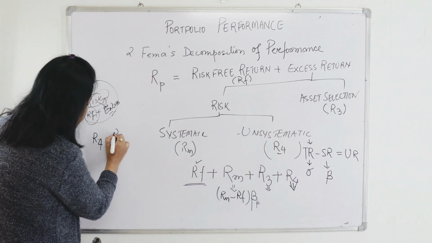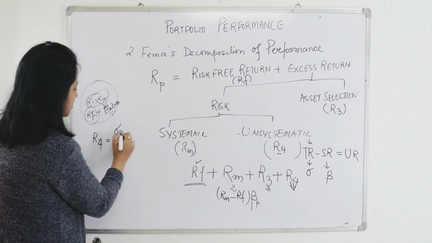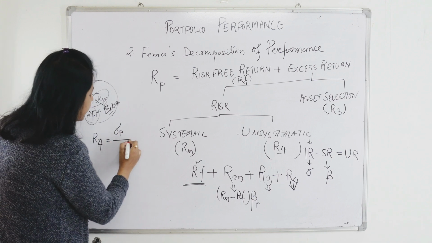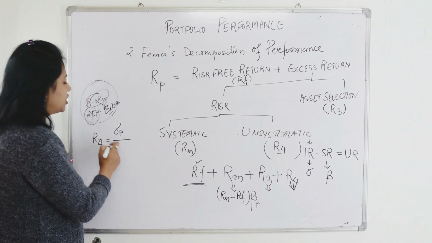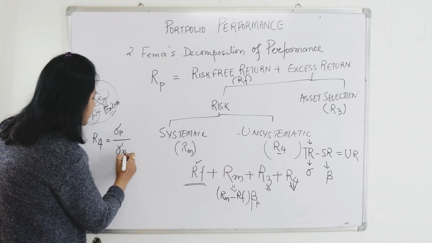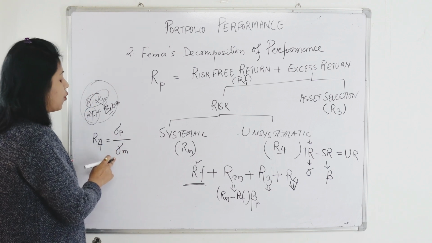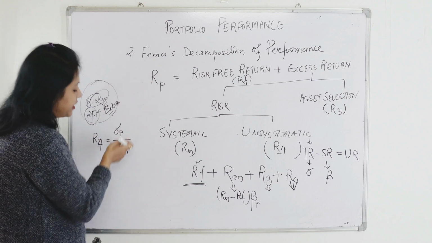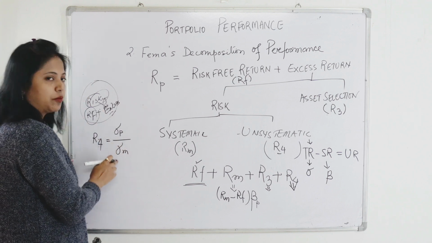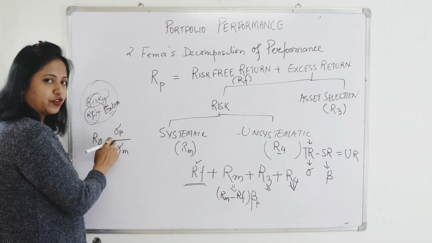If your portfolio has a particular risk, and this risk means standard deviation, you find out the market standard deviation. It will give you the portfolio risk in relation to the total risk of the market.